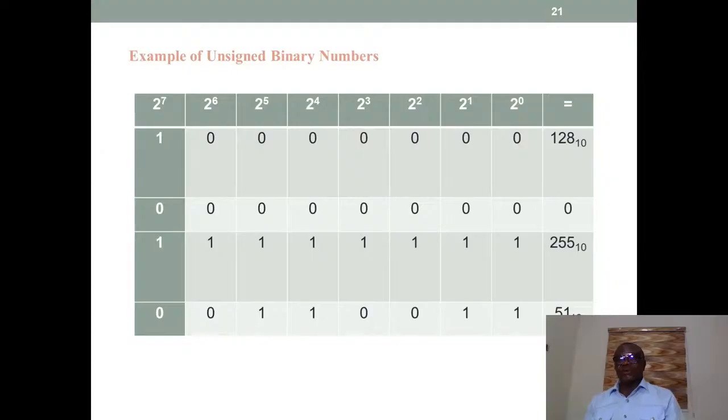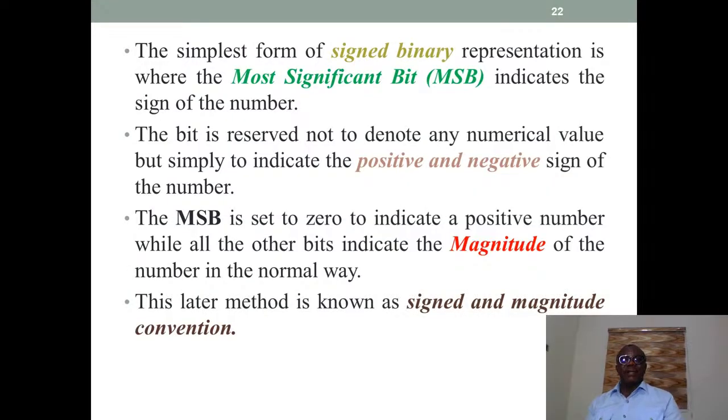The second one, 00000000, gives you 0. The third one, if you convert, will give you 255 in base 10. The other one will give you 51 in base 10, because we are not talking of any sign. So we say it's an unsigned binary number.